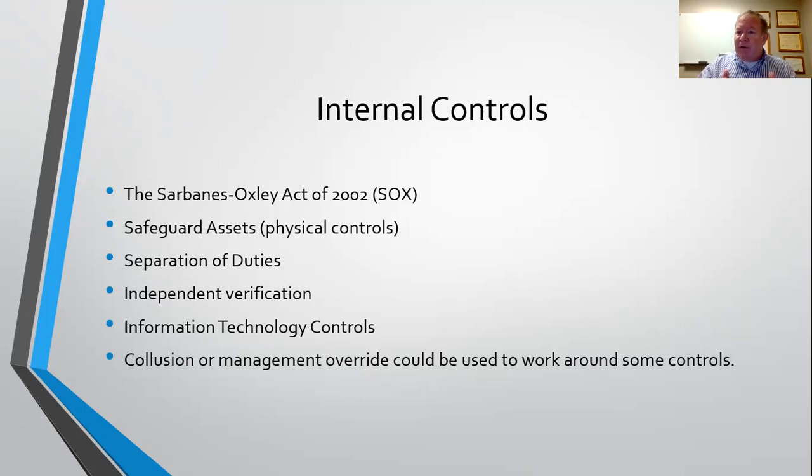If an employee transfers, making sure that what they have access to is updated when they move to a different part of the company, so that they don't still have access to their old part. Things of that nature are very good IT controls.